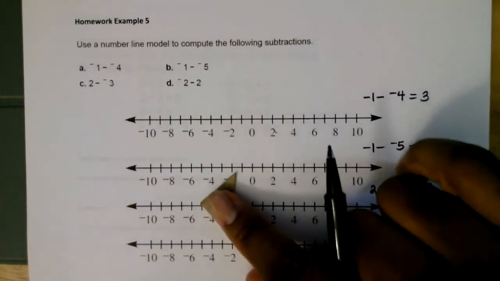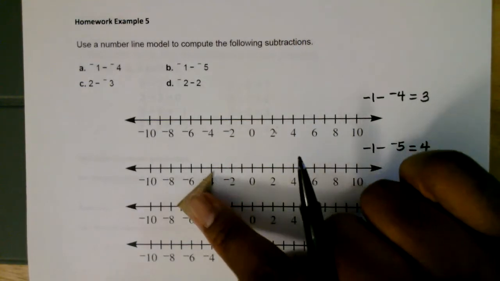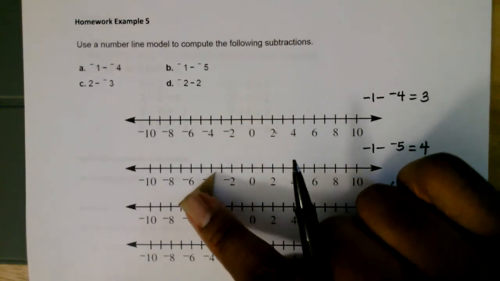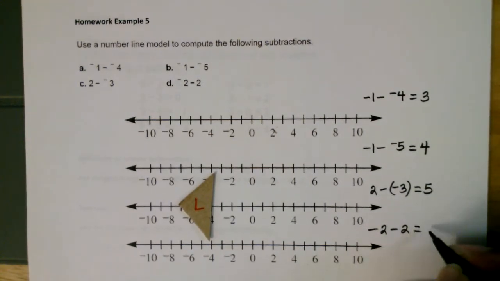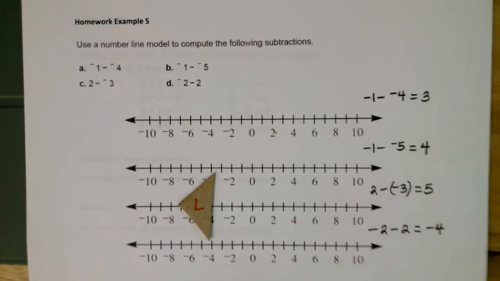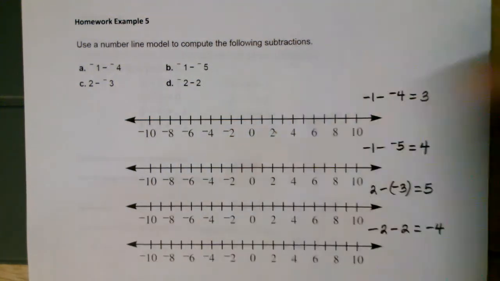So I'm going to be going in this direction 2 places. I walk forward 2 places. I end up at -4. So -2 minus 2 is -4. Okay, so that's how we apply that number line model to do problems like this, to subtract integers.